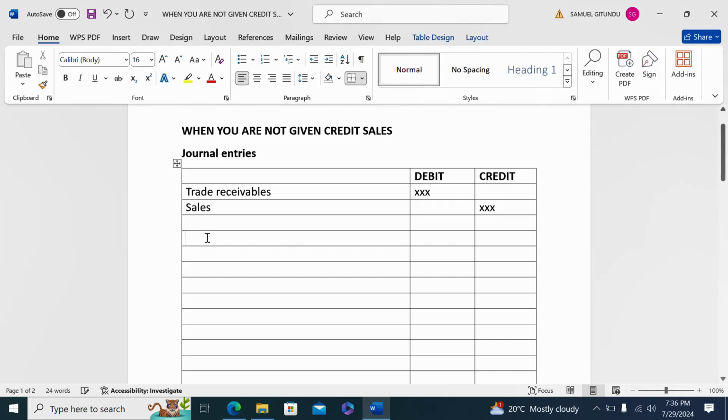Then, what if the customers are dissatisfied with some goods or some goods do not meet their quality, and they decide to return some goods? How do you record that transaction?